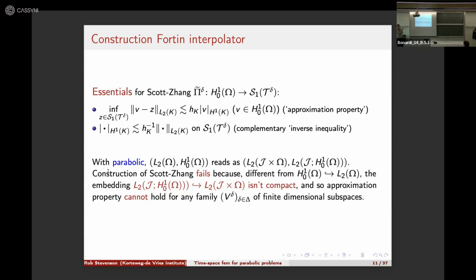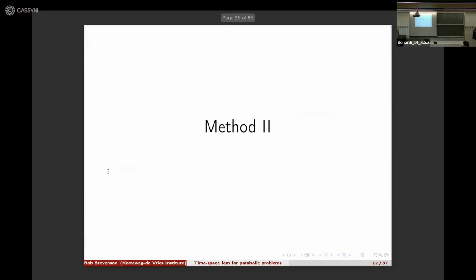And so this cannot hold for our pair of spaces. So I must say this insight came to us only later, so we first tried hard and so on. But you can actually quite easily realize that it is just not possible. Okay, so then we became a bit pessimistic that we could prove this inf-sup stability for general meshes. And so we went to method 2.